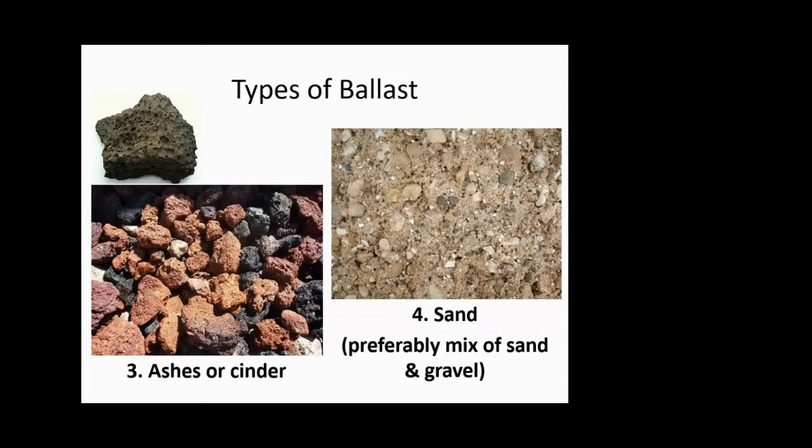The third that you can use is ashes or cinder. Now, not ashes exactly, but a solidified form of ashes or cinder. This is a typical view of a single cinder block. You have studied in geology about igneous rocks. During volcanic eruptions, the molten lava which spreads cools down and then forms rocks.